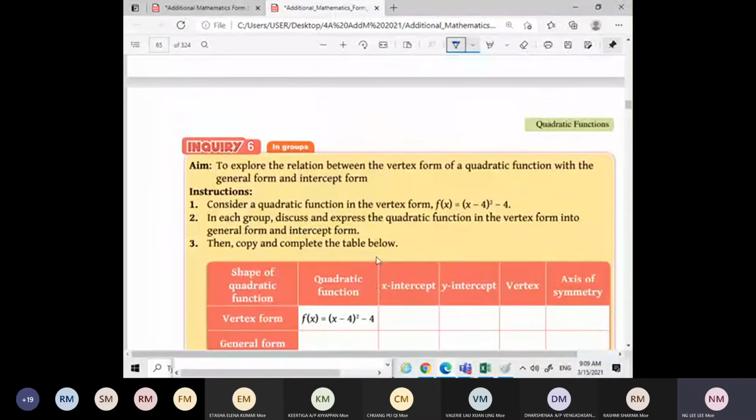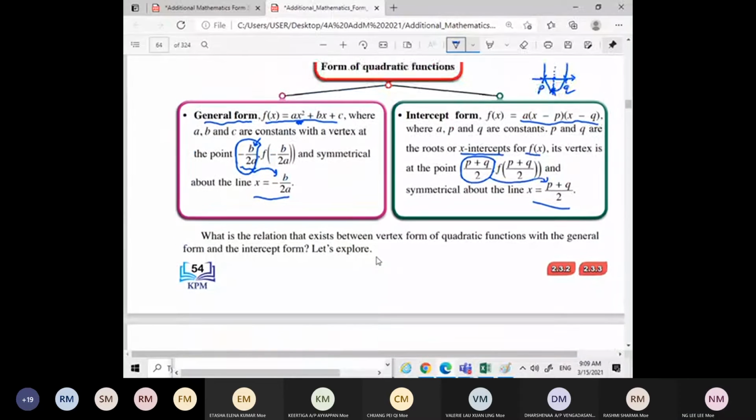Page 54, this is the one. General form, the vertex. As I say, just remember the x coordinate is enough. After that, just substitute to get the y coordinate. So negative b over 2a. Negative b over 2a.